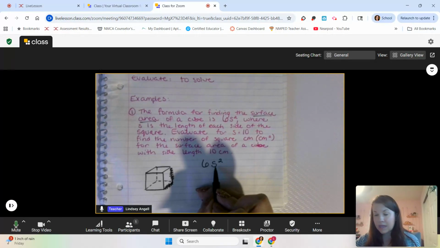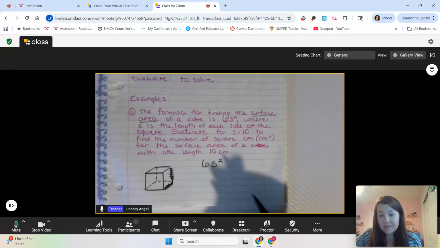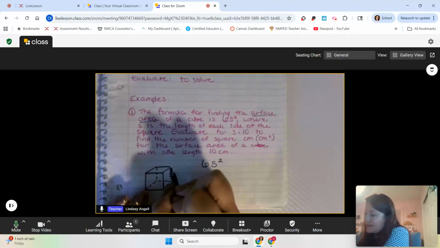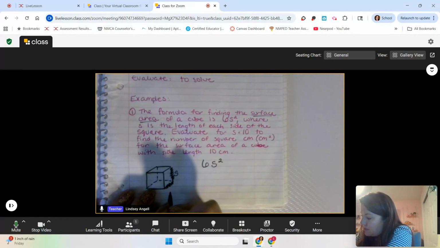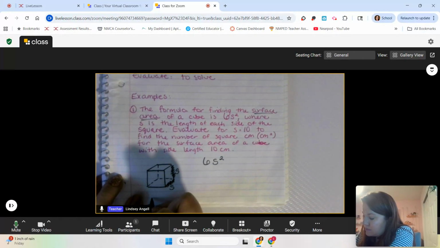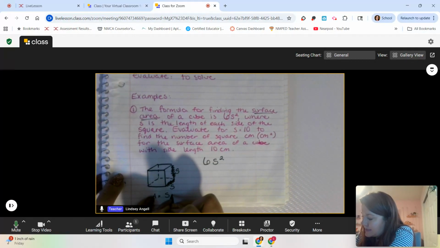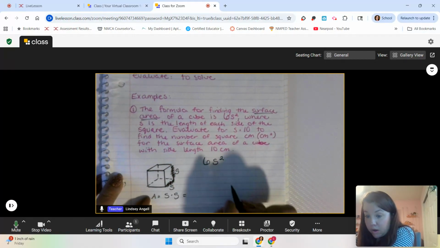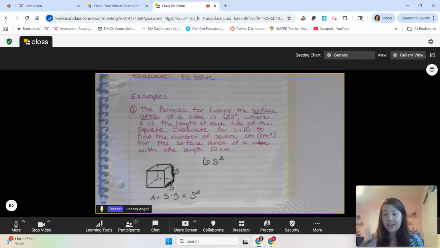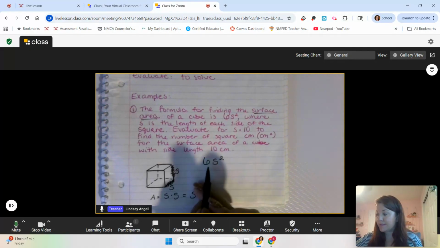And with squares, the length and the width are the same. So that's why we're able to do s times s, because this length would be s, and this length would be s. That's the same thing as s times s, or s squared. But we have 6 of them, so that's where this comes into play.